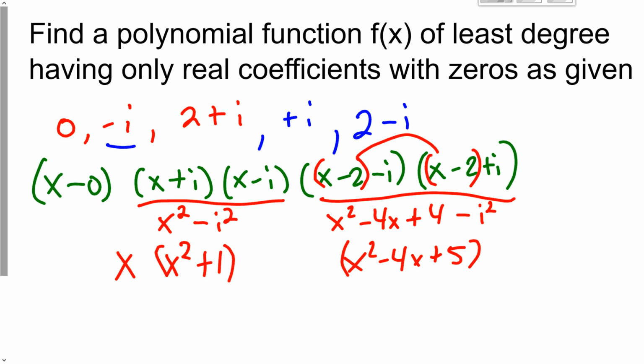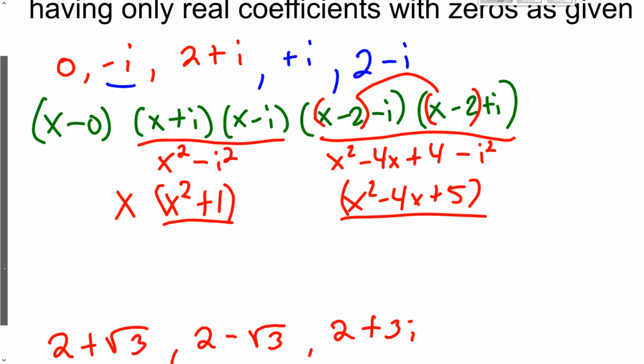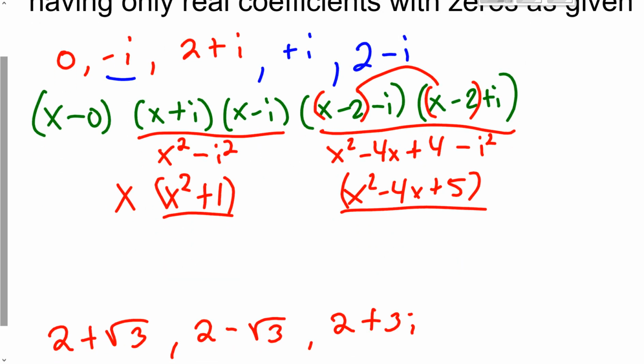So now we need to multiply all these together. I'll just do these two, multiply those two, so 2 by 3. So I should get 6 terms, and then I can combine some of them. x times x squared is x to the 4th. x squared times negative 4x is negative 4x cubed. x squared times 5 is 5x squared.